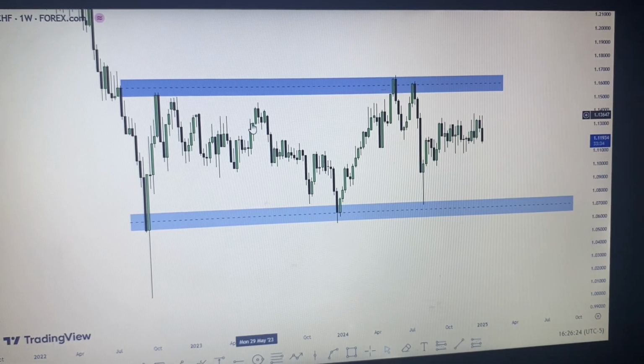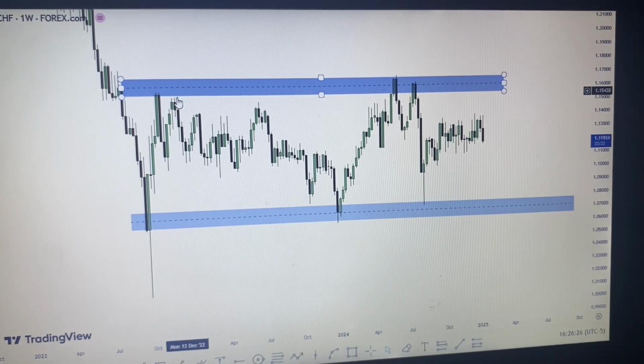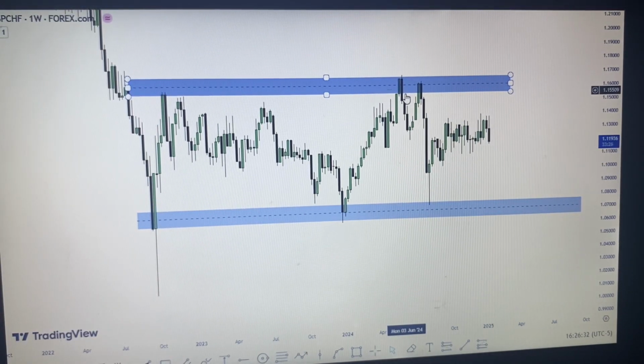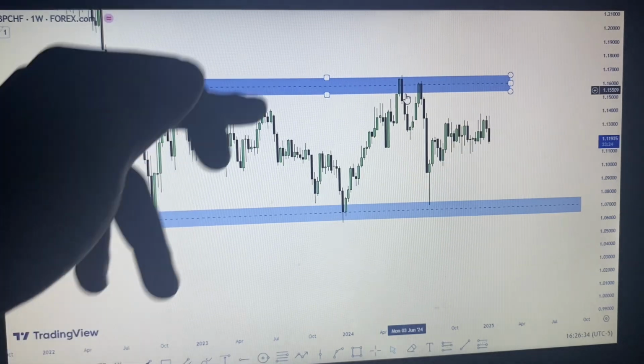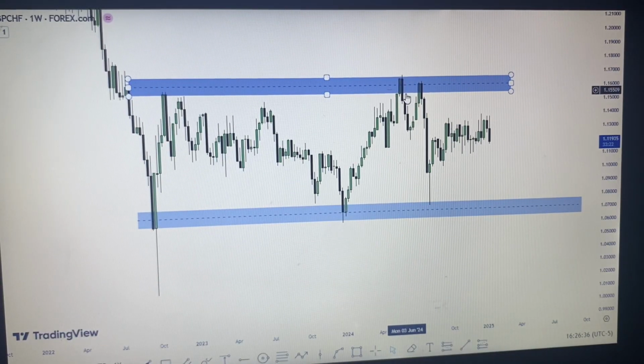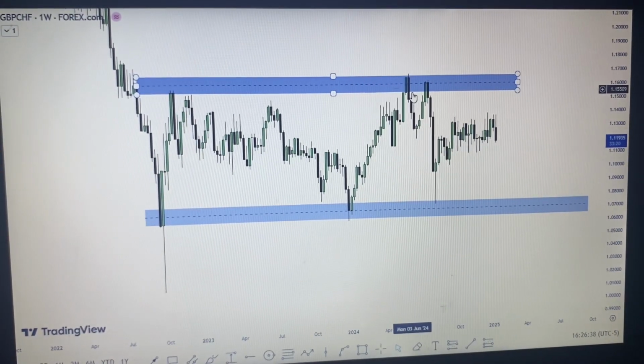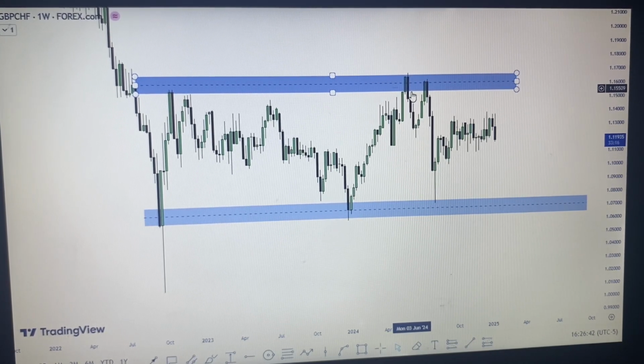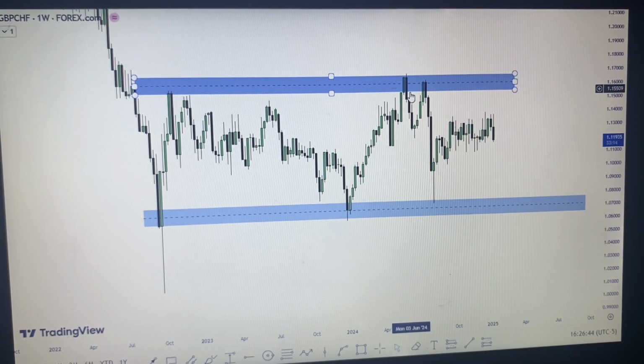Look at this and then this miss here. Look at these two touches. This shows that these two levels are pretty strong levels. Price is also ranging in between those two levels, so it shows you that those two levels are pretty important to this particular market.